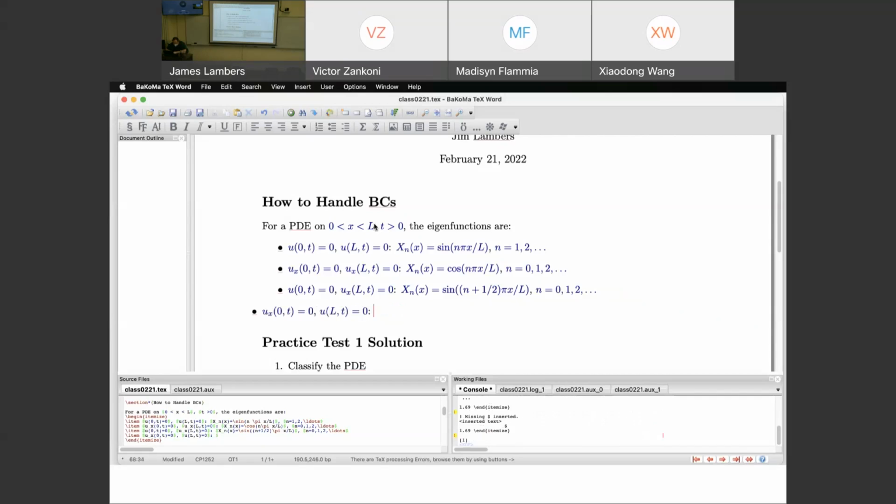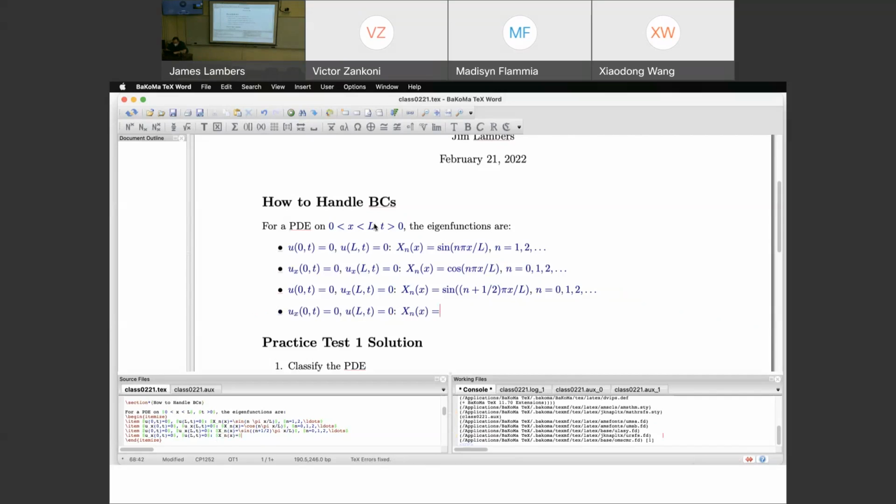Anyone think of, even if it amounts to a guess, what it should be? The cosine of (n plus a half) pi x over L. Yes, it would be. All right.